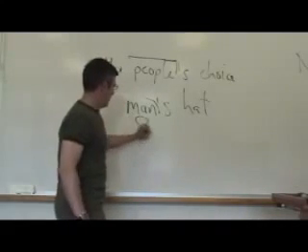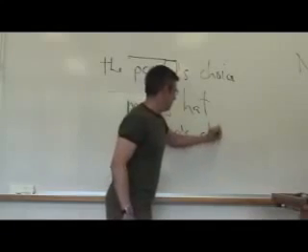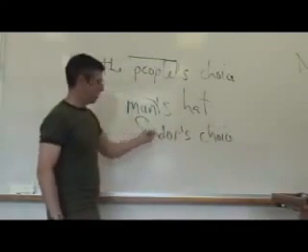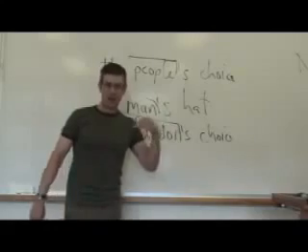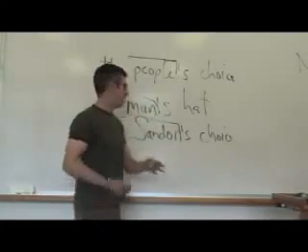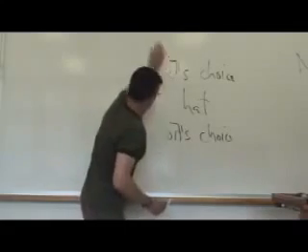So it's Sandor's choice, the choice made by Sandor. Okay, so Sandor is to the left of the apostrophe. Sandor is the one doing the owning. It is Sandor's choice. Now, that's the simplest thing about the apostrophes.